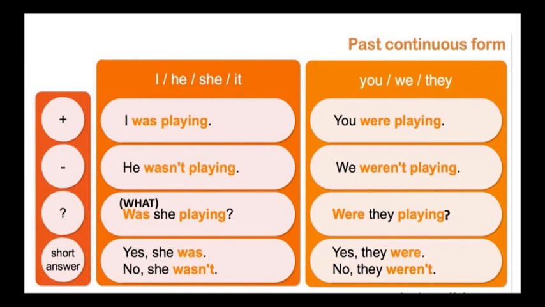For questions, we simply do inversion of subject and was and were. Was she playing? Were they playing? And the short answers would be yes, she was. No, she wasn't. Yes, they were. No, they weren't. And if there is a question word, then the question word comes to the first place. What was she playing?